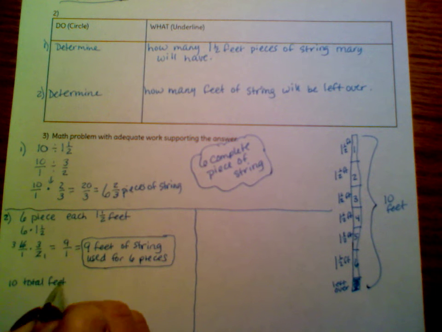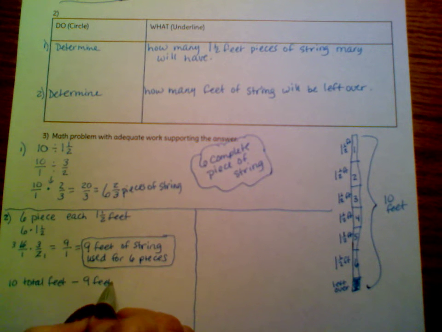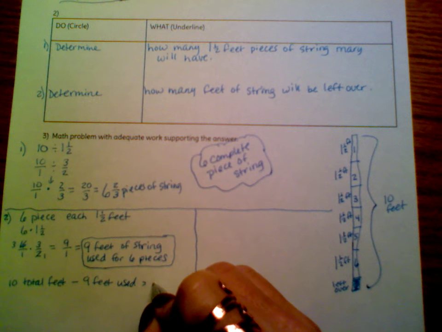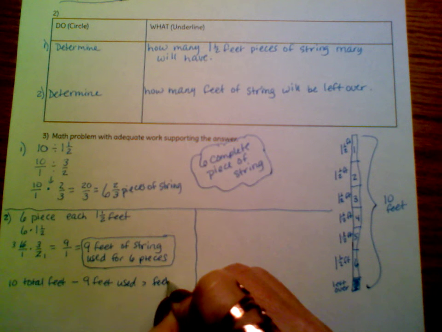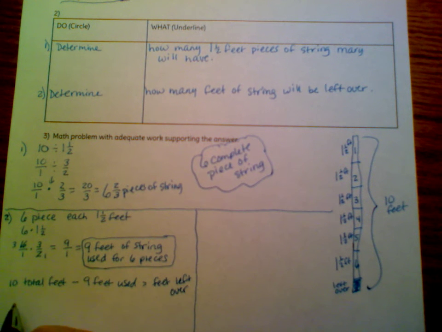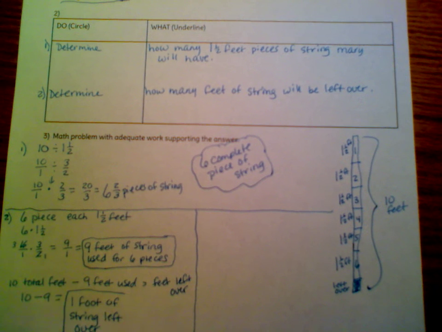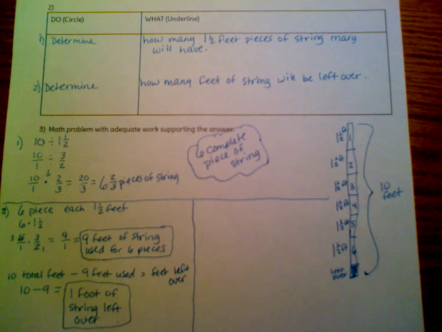And if I subtract the 9 feet of string that was used, that's going to tell me the feet of string that's left over. So again, my math problem would be 10 feet total minus the 9. I have 1 foot of string left over. Okay, this would be the answer to the second question.